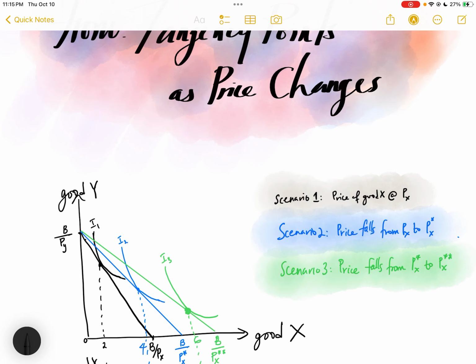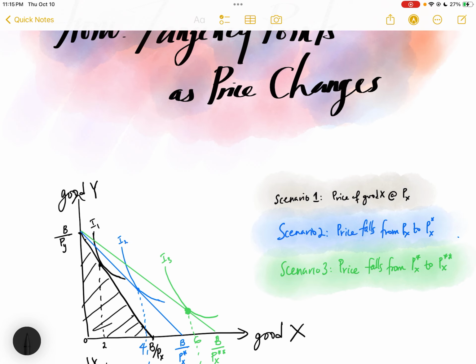So let's start with the blue one, the first scenario in black, right? In the first scenario, look at that. We have only this area that we can afford. That's in the first scenario. The price is at PX. The price of good X is at PX.